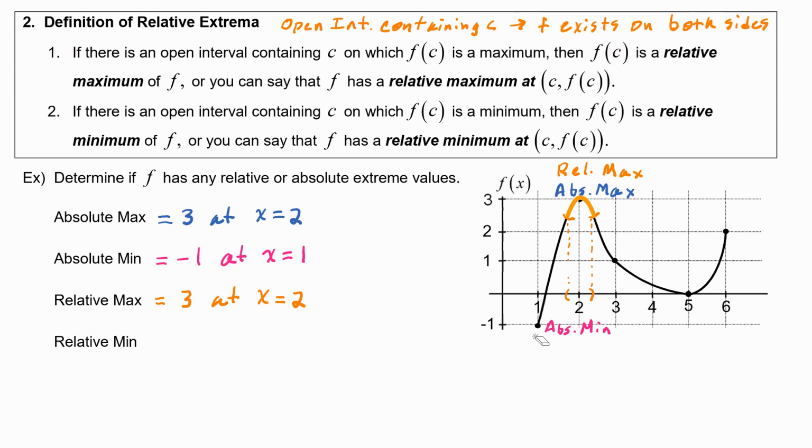Now here, even though this is an absolute min, it is not a relative min. And the reason is, if we put an open interval around x equals 1, we can see that f exists to the right of 1, but f does not exist to the left of 1. There's no function over here.